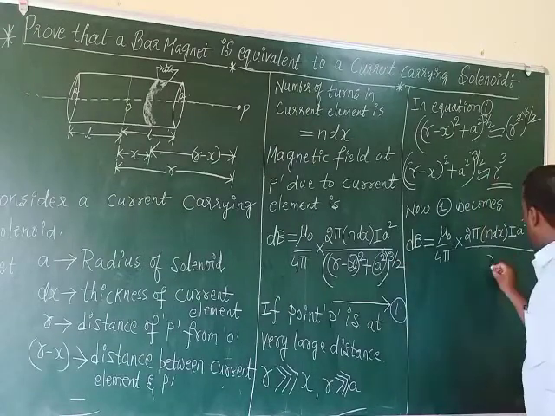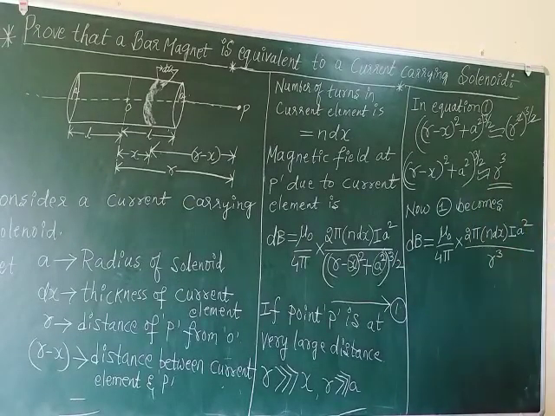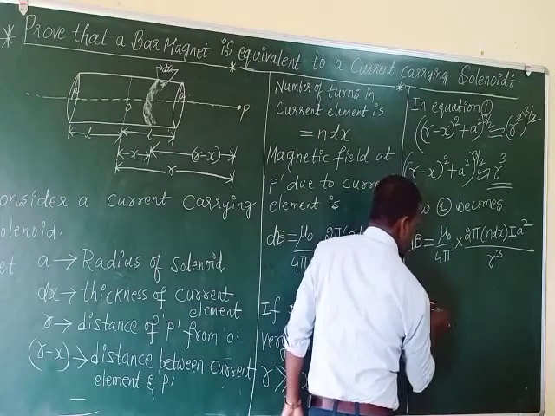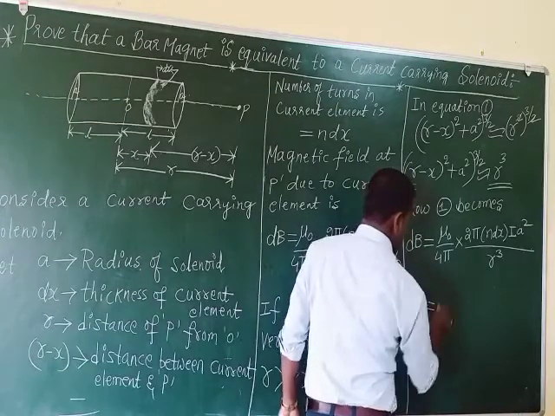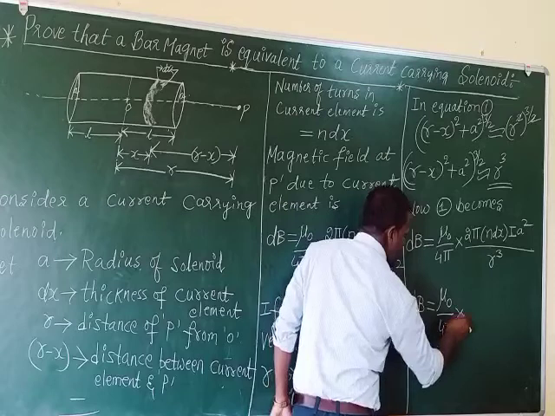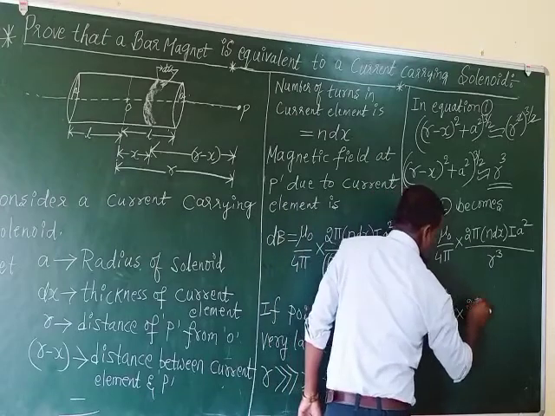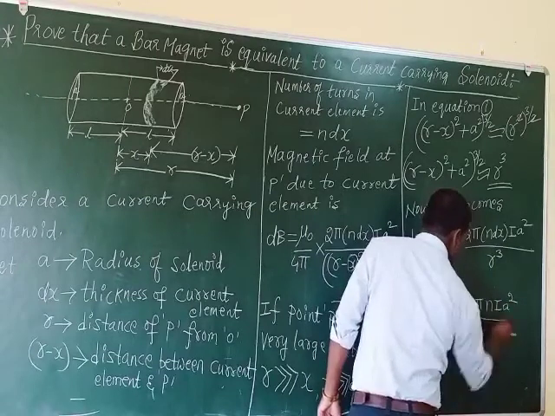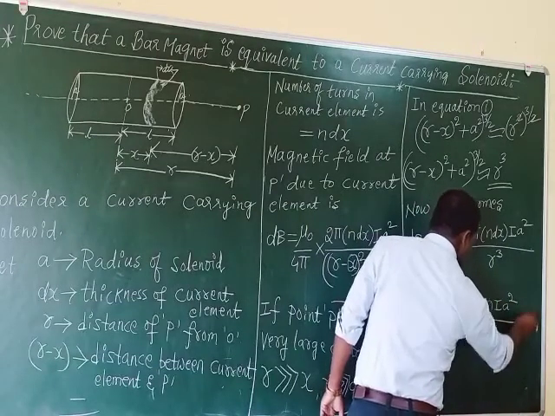Now it is equal to r to the power of 3. So dB equals mu naught by 4 pi into 2 pi n I a square divided by r cube into dx.